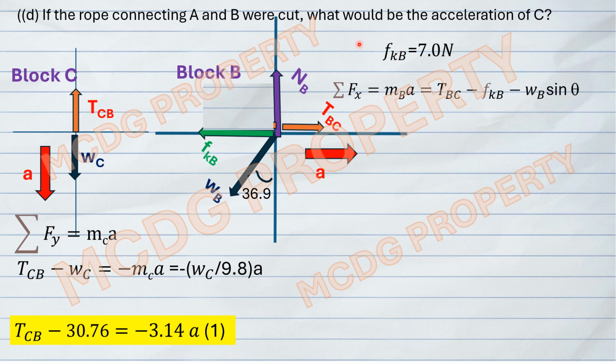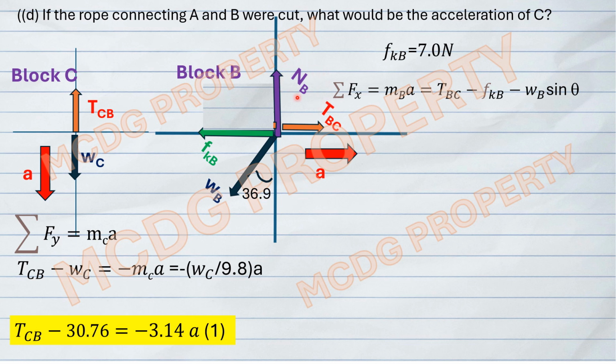And on the third quadrant, the x component is negative. Now, we already got the frictional force between block B and the surface. The frictional force between block B and the surface is 7 newtons. We got this a while ago. And this will not change even when the block is accelerating because, as you can see in the diagram here, the forces along the y-axis did not change, okay?